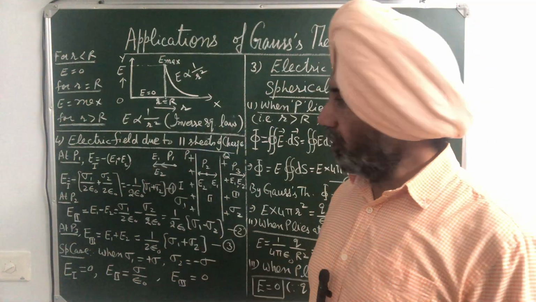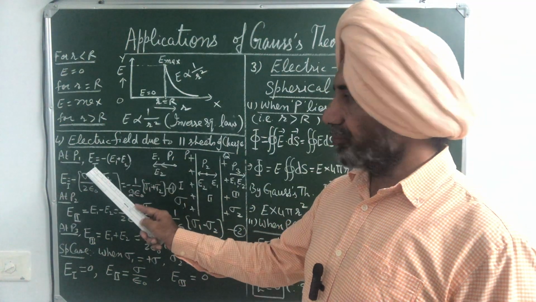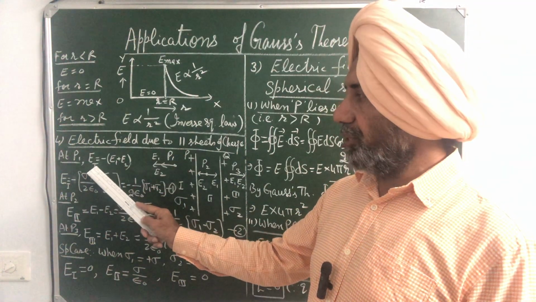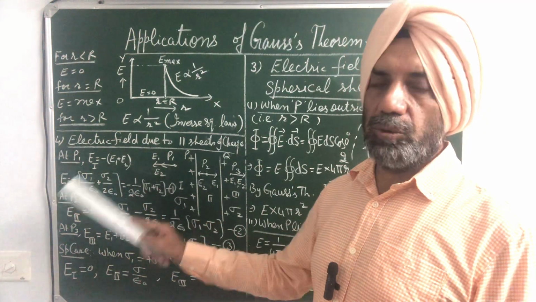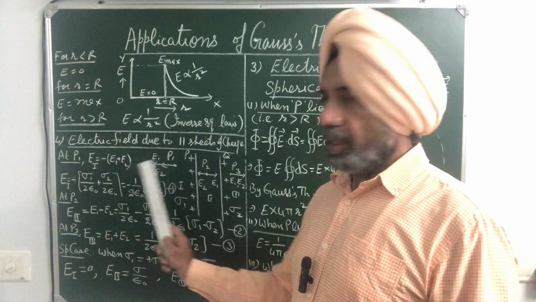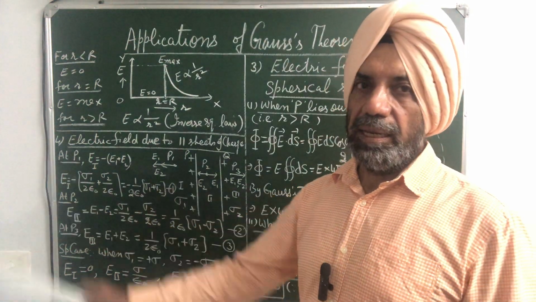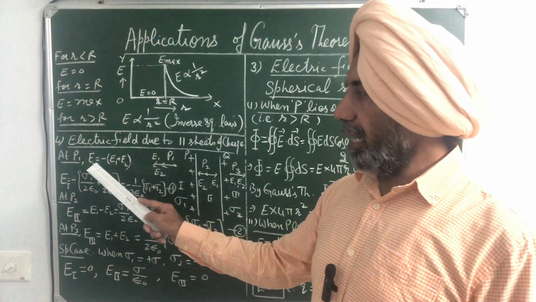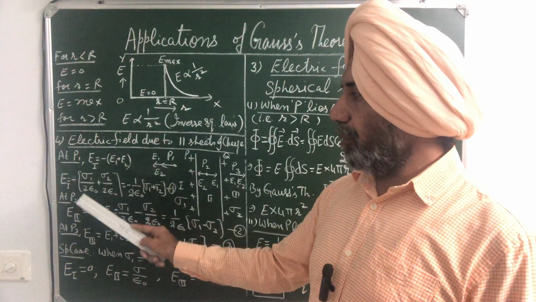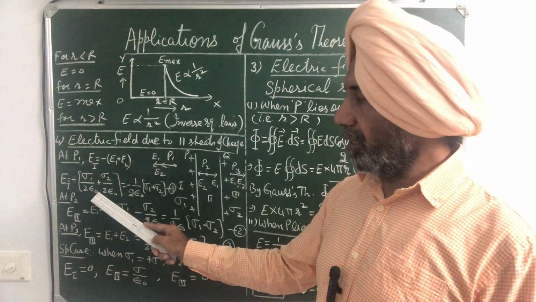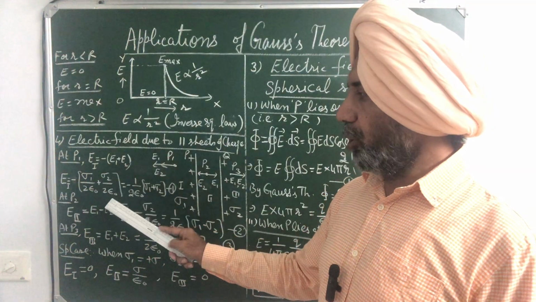So now we can calculate the electric field at P1 because we know the formula of electric field due to a sheet of charge. E1, that is the electric field in region first, is given by minus (E1 plus E2) because they are in the negative direction. So they are added but the sign is negative. So E1 is sigma 1 upon 2 epsilon naught, that we have calculated, plus sigma 2 upon 2 epsilon naught.